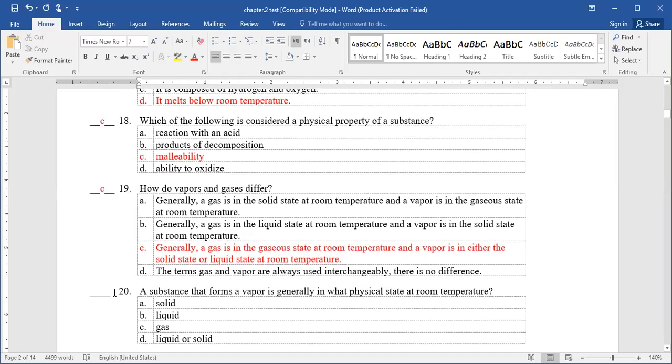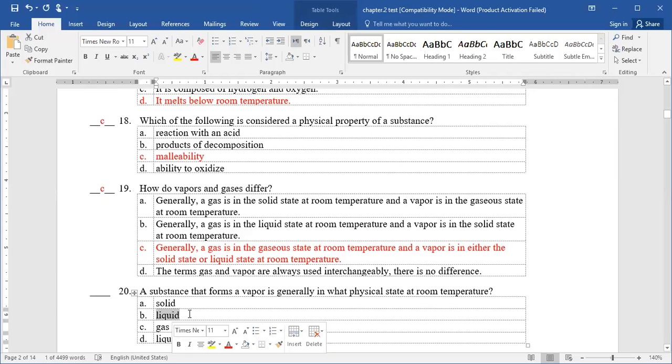And the last one, guys: a substance that forms a vapor is generally in what physical state at room temperature? In order to make a vapor, I have to have a liquid.